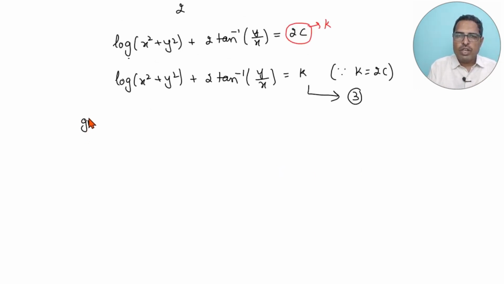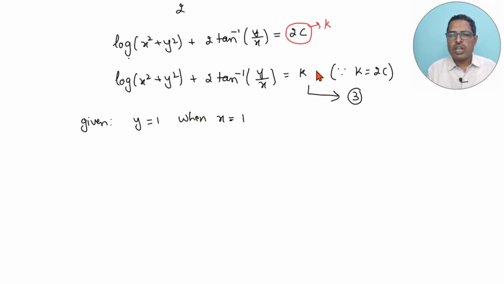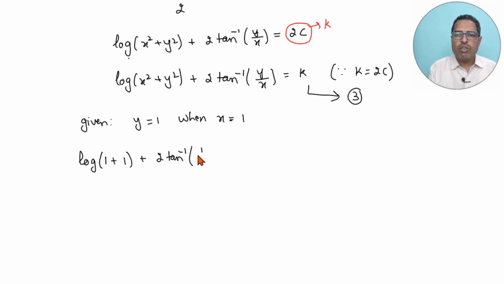So what is given? Given that the value of y is equals to 1 when x is equals to 1. So we need to find out the particular solution. For that we have to evaluate the value of k using this condition. So let us put x as 1, y as 1 in equation number 3. So equation number 3 implies log of 1 square plus 1 square, plus 2 tan inverse of 1, is equals to k.